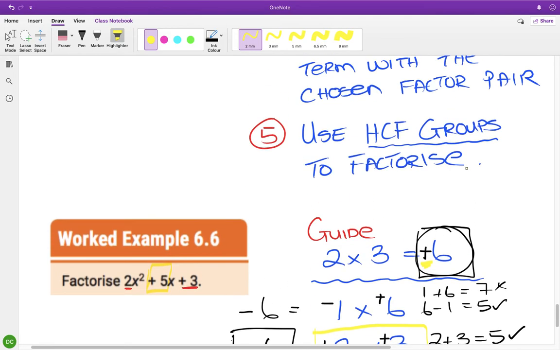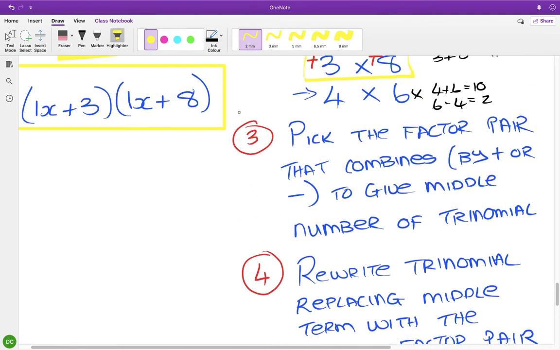Okay, so that step there, step number 3, if I put a little asterisk on it, you pick the factor pair that combines by addition or subtraction to give you the middle number.